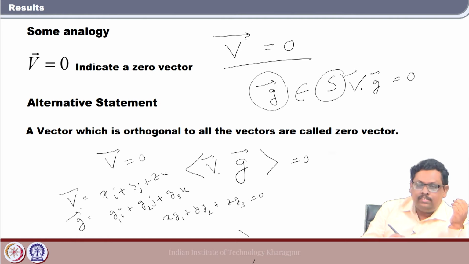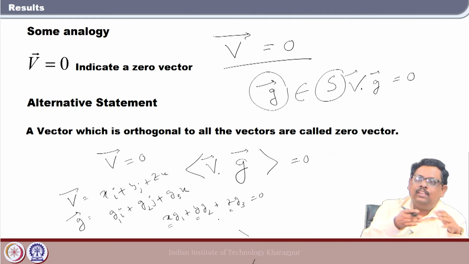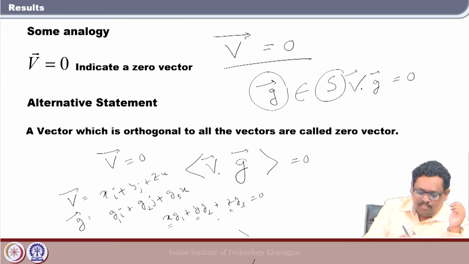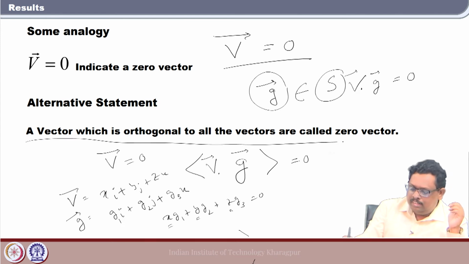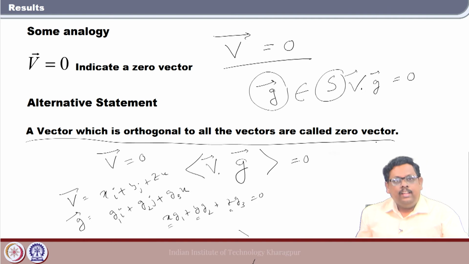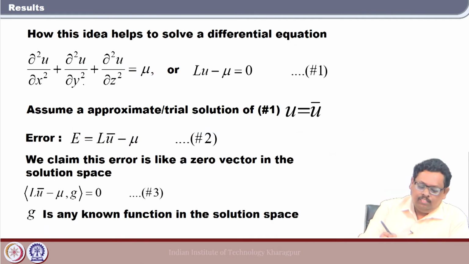Now, if these are independent, the only possibility is that x, y, z should be equal to 0. Otherwise it cannot be 0. Okay, so this is one way I can say V equals 0, directly saying V is a 0 vector. Alternatively, I can comment that a vector which is orthogonal to all the vectors is called the 0 vector. Now, let us see how I use this idea for the finite element method.